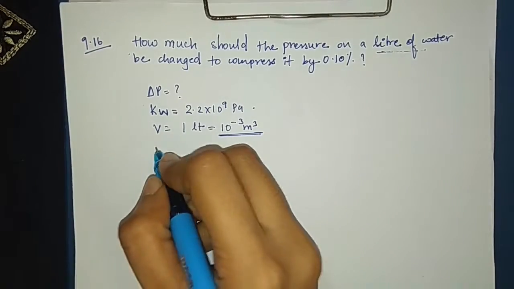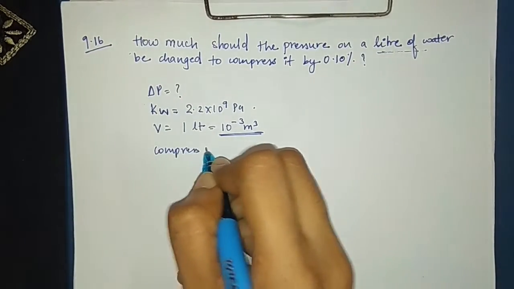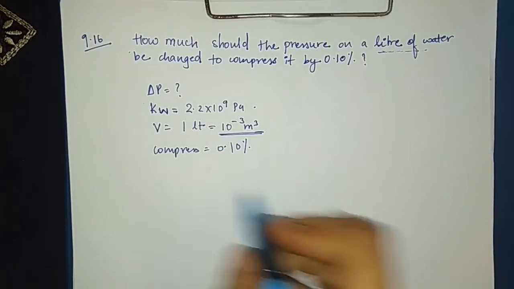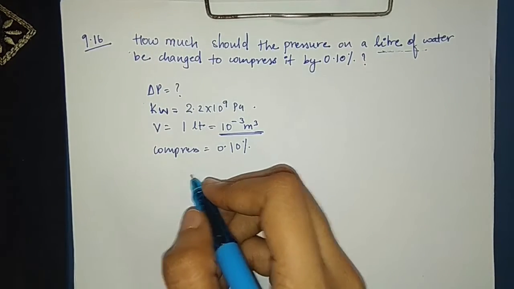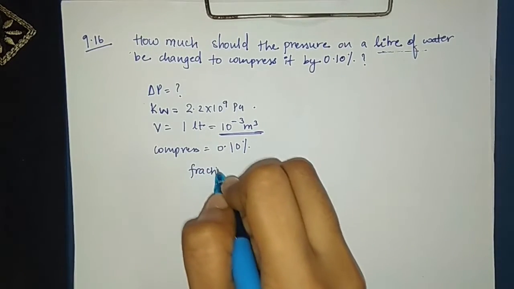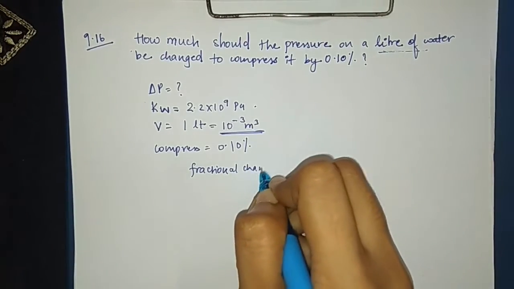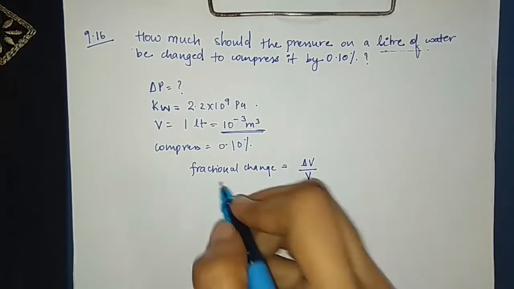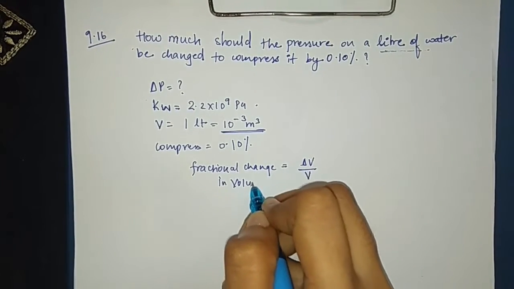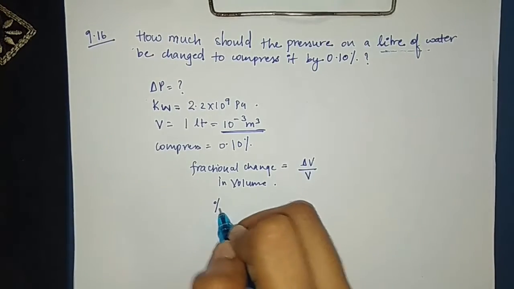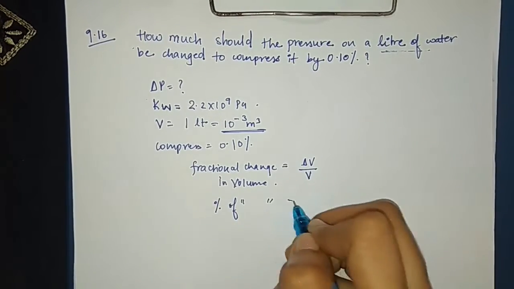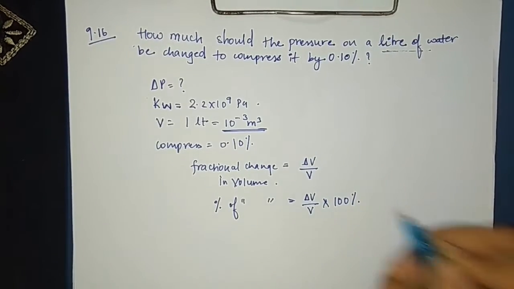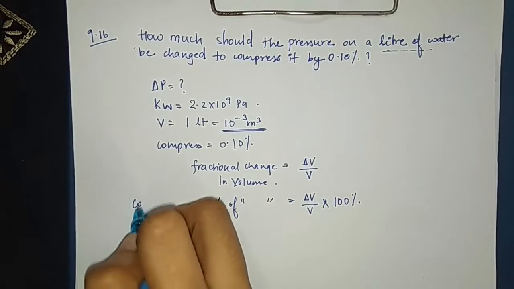And compression is given as 0.10%. Now what do they mean by compression? We know the fractional change in volume is given in terms of delta V by V. The percentage of fractional change, that is delta V by V times 100%, is nothing but compression.